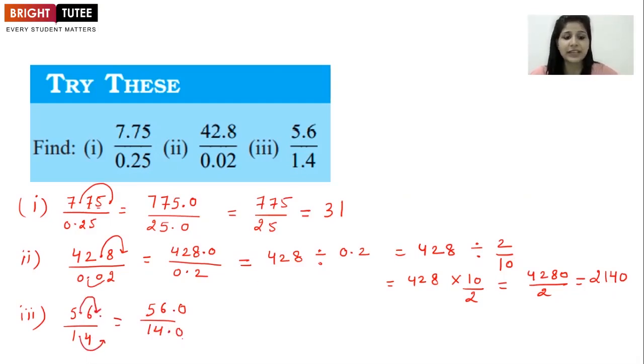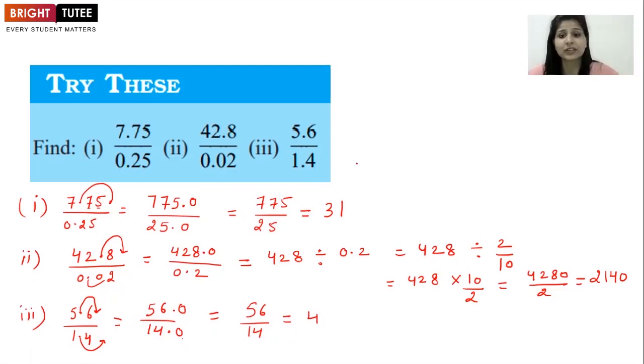The same number of decimal places you move in the numerator, you have to move in the denominator. If you take 2 places in the numerator, then in the denominator also you shift by 2 places. The same operation is done to balance the numerator and denominator. Now we have 56 upon 14 and that gives us 4 as the answer.